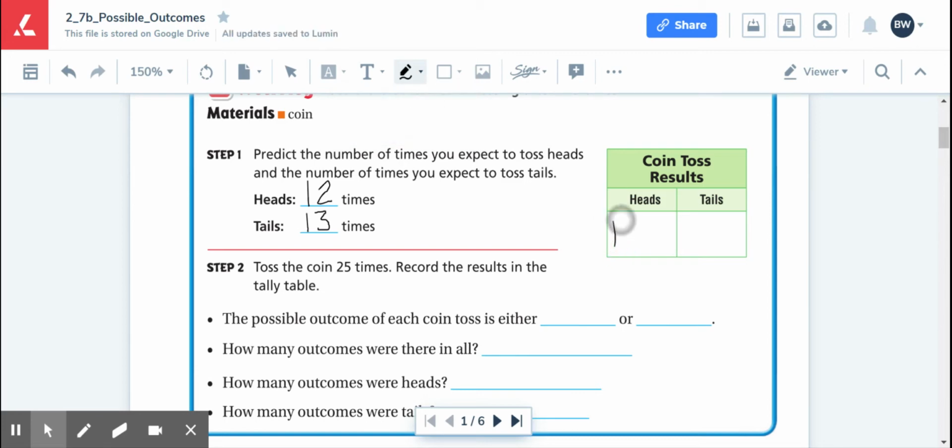So if I did 15 tallies, remember if I get to 4, I have to cross. So that's 5, 10, and then I'm just going to come down here, 15 times for heads. And then I only got tails 10 times.